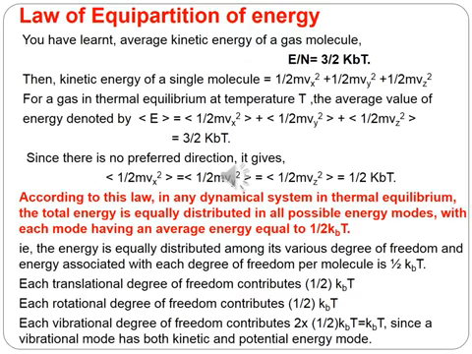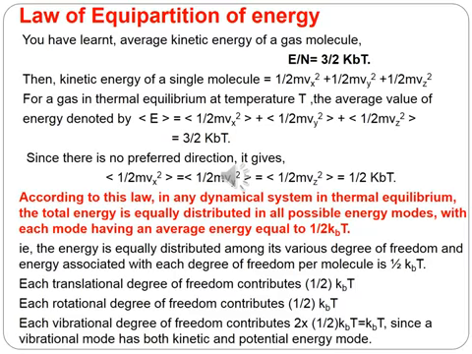You know, 1/2 kBT plus 1/2 kBT plus 1/2 kBT will be equal to 3/2 kBT, which is the average value of kinetic energy of a single molecule. Then, what is the law of equipartition of energy?